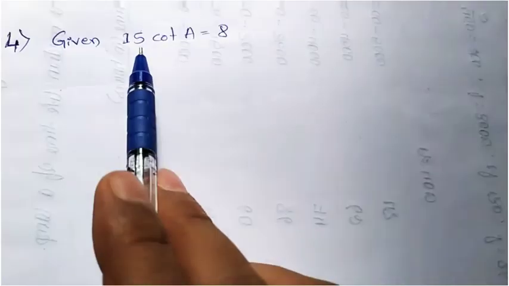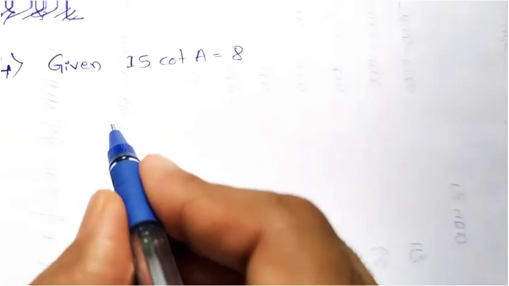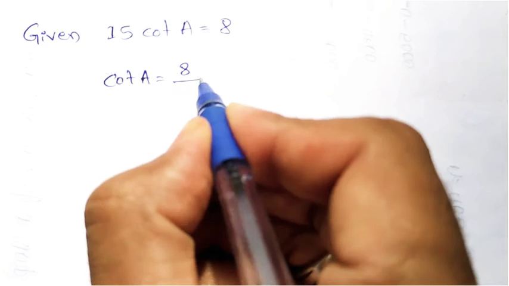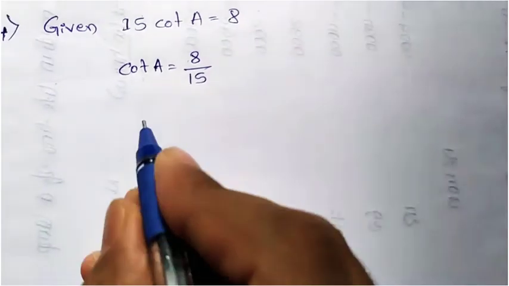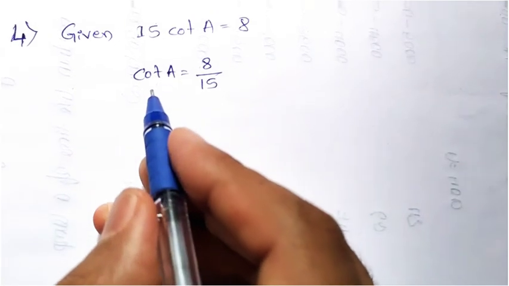Given that 15 cot A equal to 8, I will take that 15 to the right side, that becomes cot A equal to 8 by 15. If cot A is 8 by 15, then what is the formula of cot A?